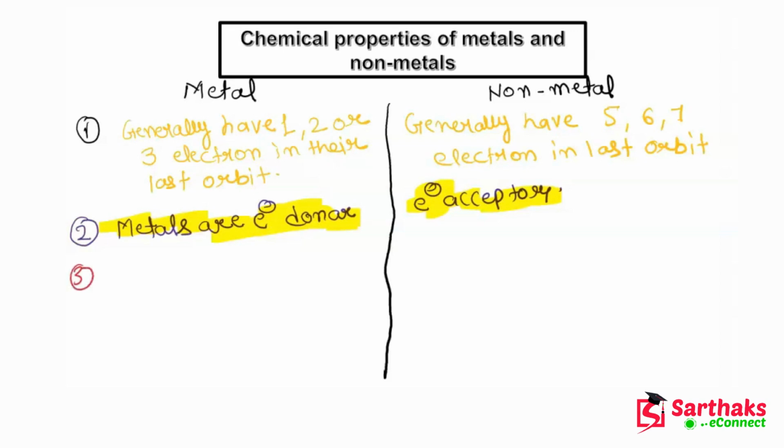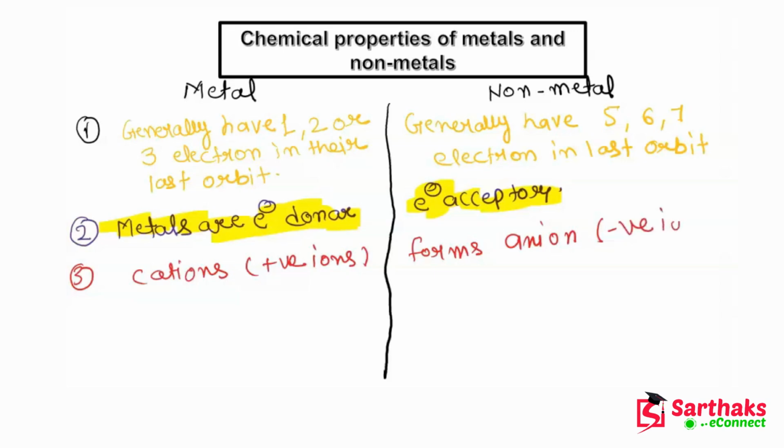Now let me write another point as well. Point number three is that metals form cations. And what are cations? Cations are the positive ions. On the other hand, non-metals form anions, or you can call it negative ions.